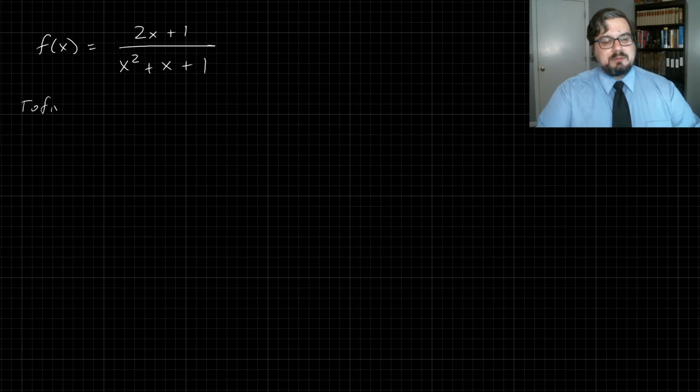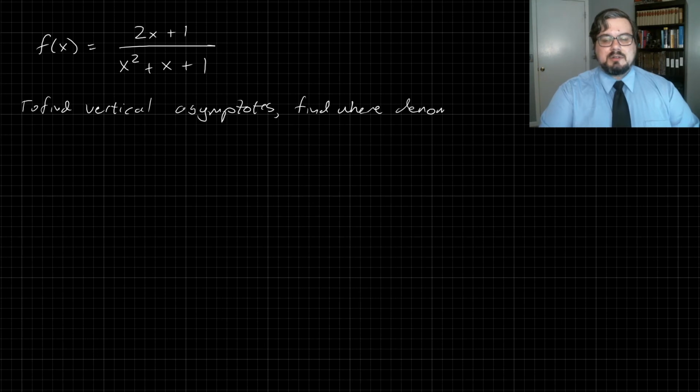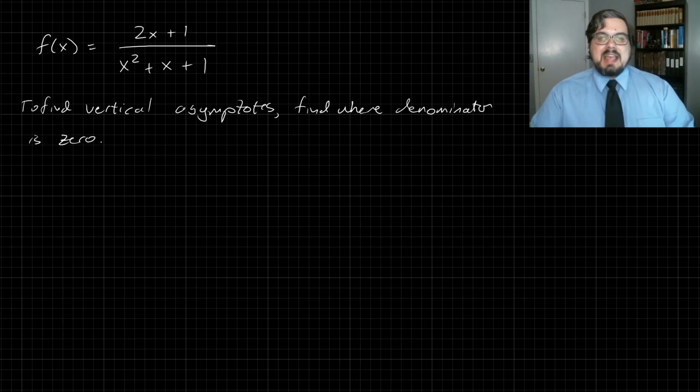So, to find vertical asymptotes, we find where the denominator is 0. Now this is the same as the pattern that we described before if we can factor it, but even when we can't, then places where the denominator is 0 can give us vertical asymptotes.